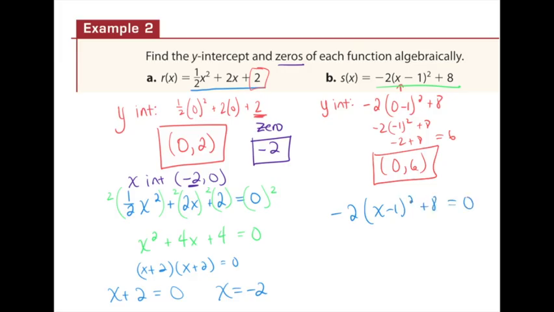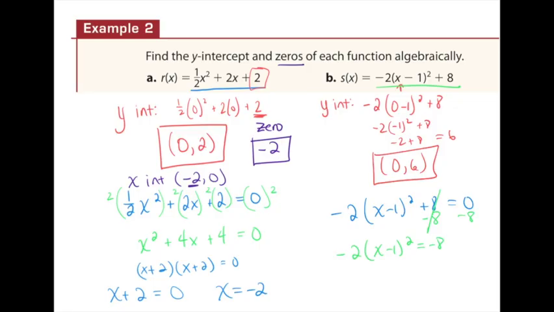For this, it's going to be a little different. I'm not going to do factoring. I'm actually just going to solve for x, just like I would on a basic algebra equation, all right? So to solve for x, think about what you would do. The first thing you want to do is get rid of that 8. So I have -2 x minus 1 squared equals -8.